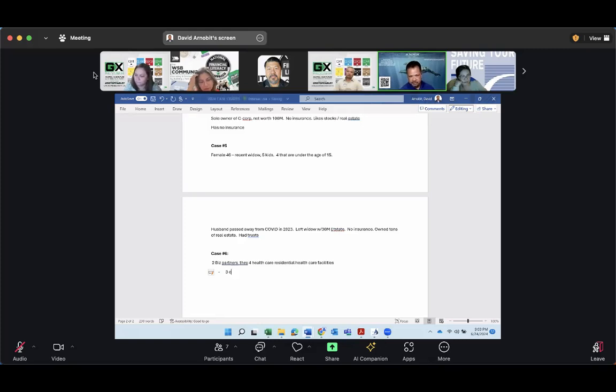Here are the things that they do. So we have 2 partners in a C Corp. They have 3 superstar nurses. 2 of them they can't lose, and 2 are crucial.